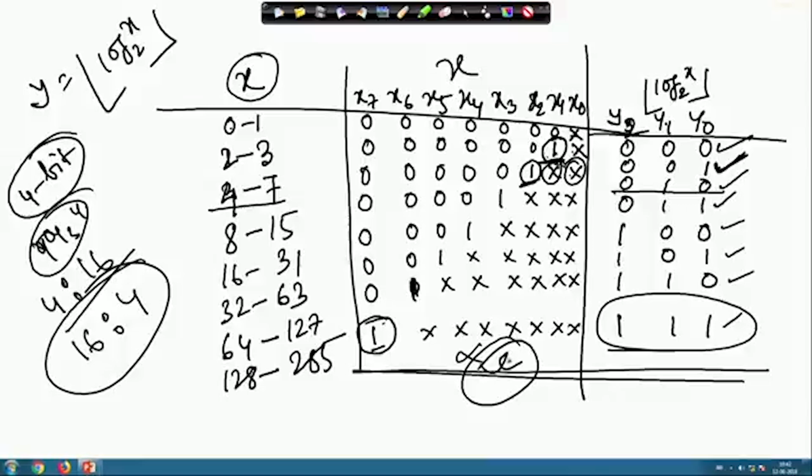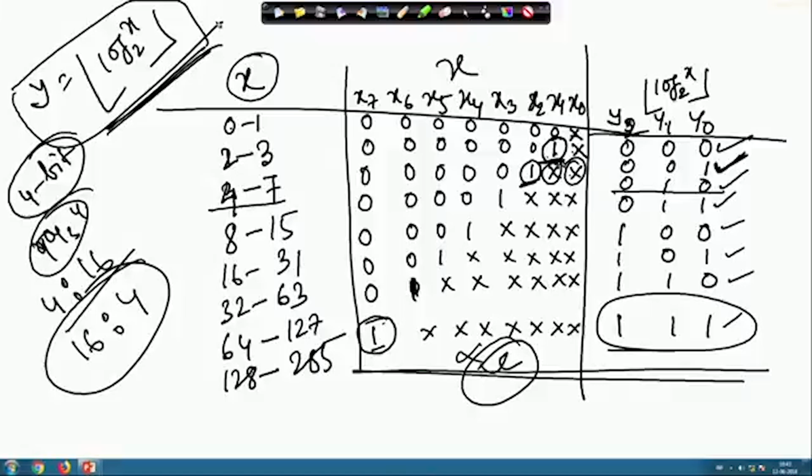So this log 2 base x function can be implemented using one priority encoder circuit.